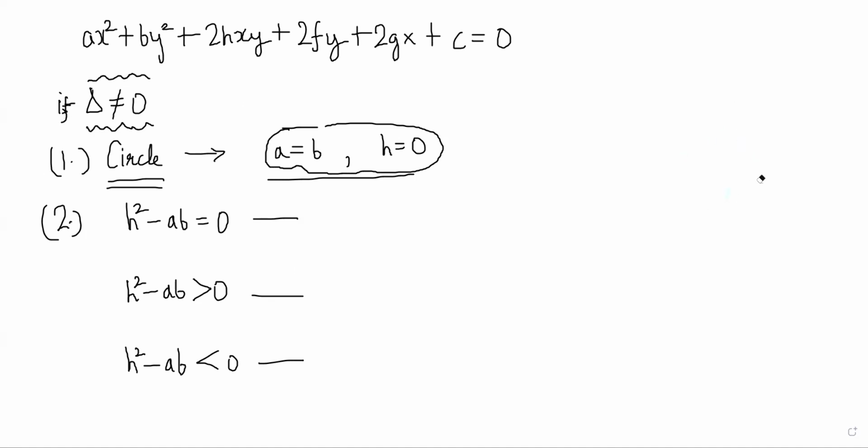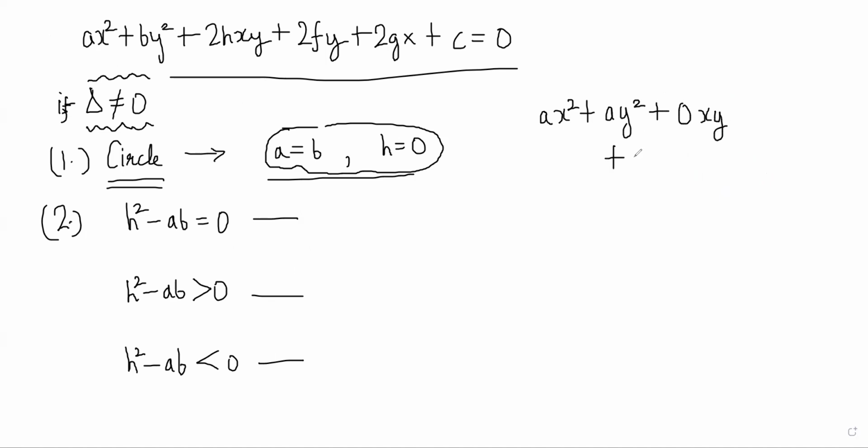We put the condition a is equal to b and h is equal to 0 in this equation. So we have ax square plus ay square plus 0xy plus 2fy plus 2gx plus c equals 0.